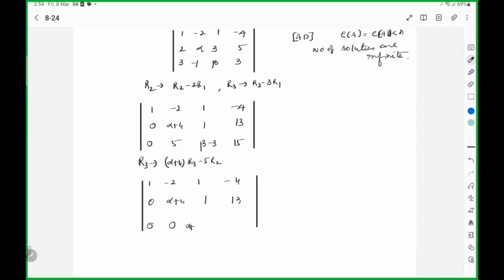Here alpha plus 4 into beta minus 3 minus 5, 15 minus 5 times alpha plus 4, minus 65.